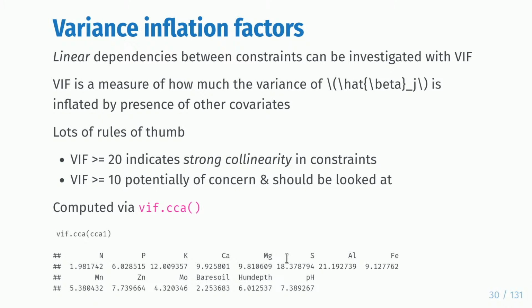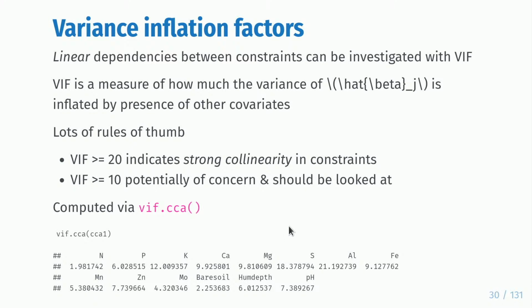But here we've got sulfur in the soil, I think, and that one's also quite high, so there could be some things here. Now, if you weren't interested in aluminium, you might leave it out of your model, because it's really explaining things that can be explained by other variables like calcium and pH or the depth of the humus layer.